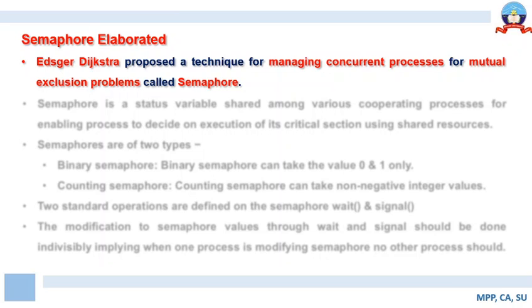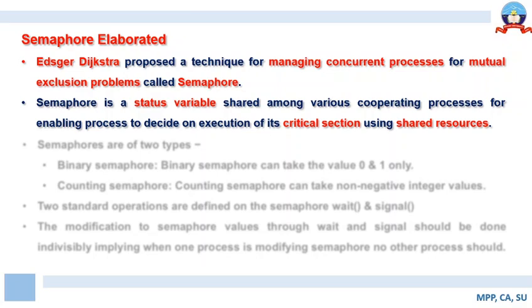Now semaphore, as we have learned, is a status variable that is shared among various cooperating processes for enabling processes to decide on execution of their critical section utilizing shared resources.